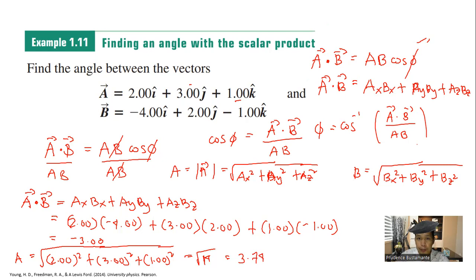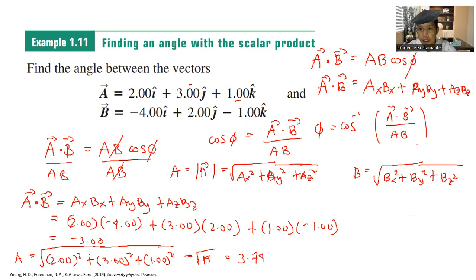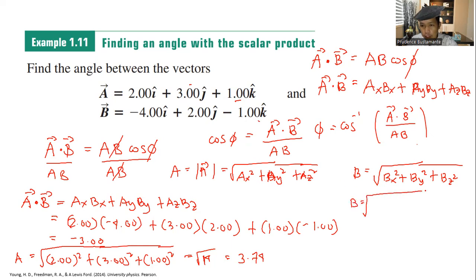For B, since we have no space here, I will write the magnitude of B here. Let's reposition this one. Our B is just equal to the square root of negative 4.0 squared plus By, 2.0 squared, plus negative 1.00 squared.